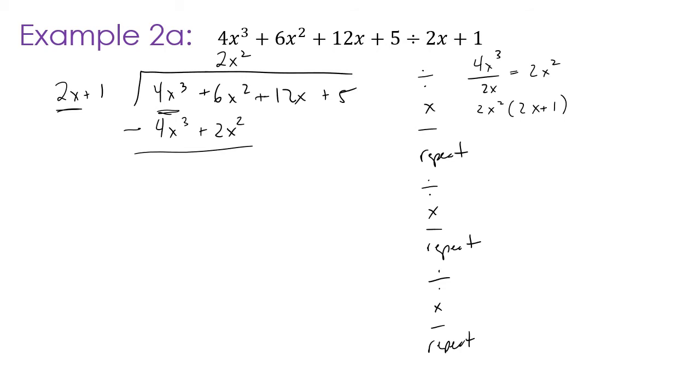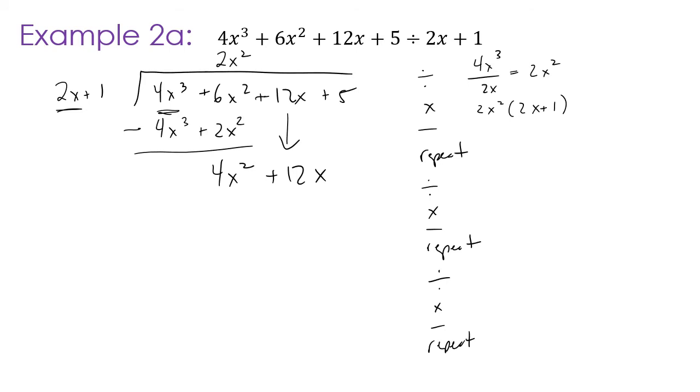X cubes are gone, 0. And you don't have to write the 0, last time I wrote the 0 there, it's just visual clutter. 6x squared minus 2x squared gives us 4x squared. Bring this down, and you're basically rinse, wash, repeat.